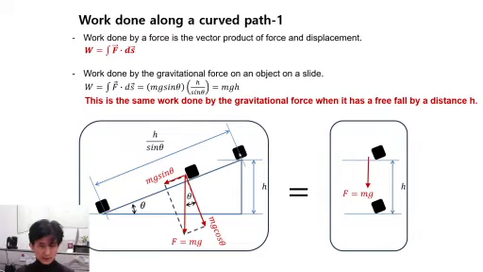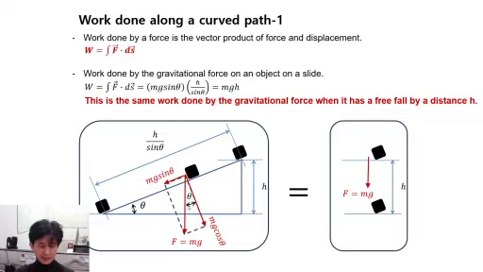Actually, regardless of the path, if this object is moved from this point to this point, as long as the height difference is h, it doesn't matter whether it slides with a very different angle theta. Regardless of theta, it will produce the same work.